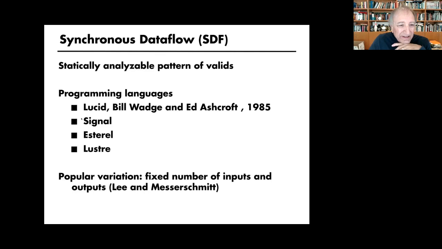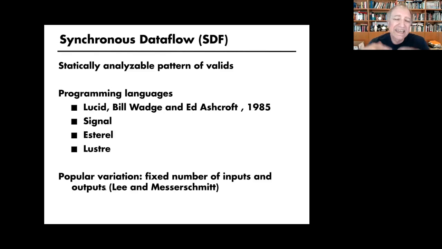Now, there's another version of data flow which is much more popular. If you ask somebody what is synchronous data flow, there's another set of ideas popularized by Lee and Messerschmidt at Berkeley, which is called synchronous data flow. At every tick, you consume a fixed number of inputs and you produce a fixed number of outputs.